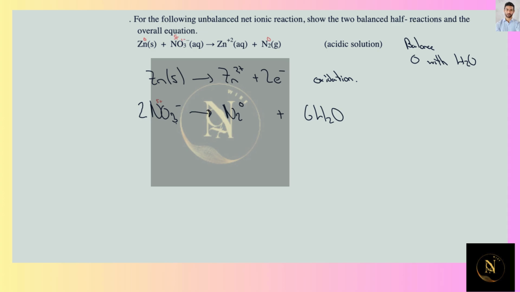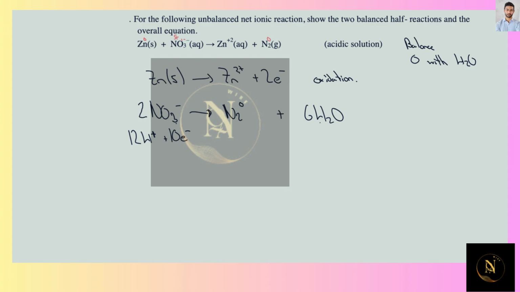Next up, we're going to balance the hydrogens, in this case, with protons on the opposite side of the reaction. In this case, we are going to have 12, so we require 12 protons on the left-hand side. Over here, notice that we have a total charge equal to plus 10. So to balance it out, we're going to require the 10 electrons that I just mentioned.